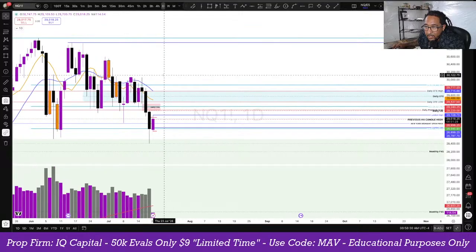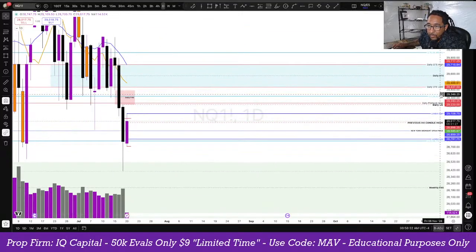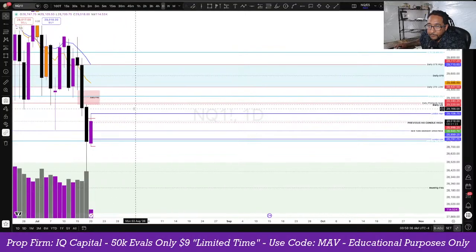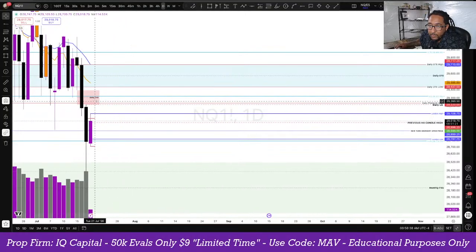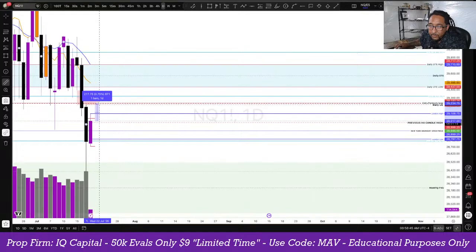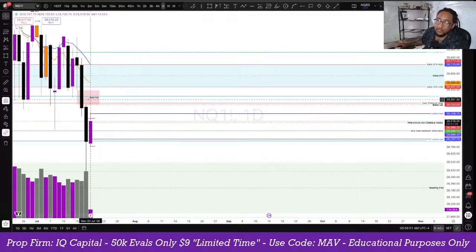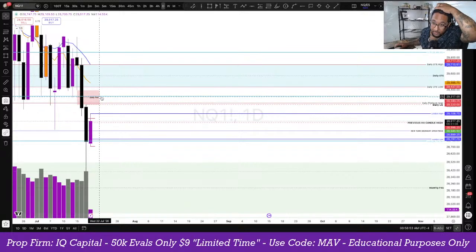Now here on the daily, a previous day we rejected from this bearish daily fair value gap, which doesn't look that far, but on this daily we're about 215 points away from that daily fair value gap. So that's an interesting draw on liquidity right there.